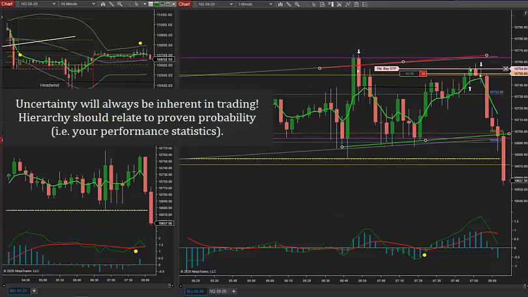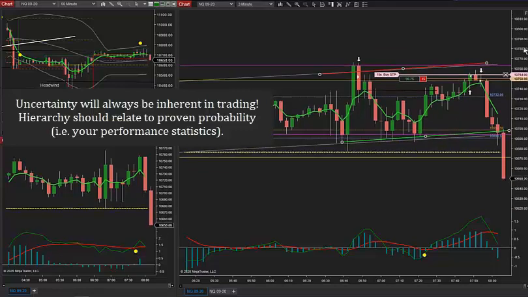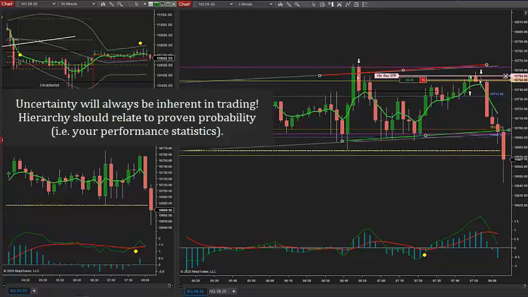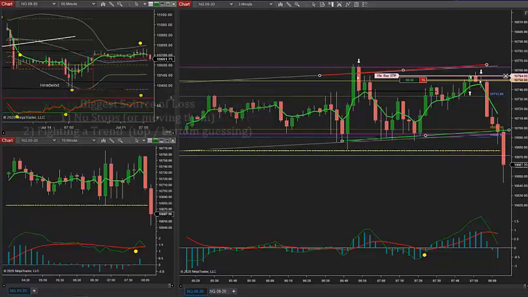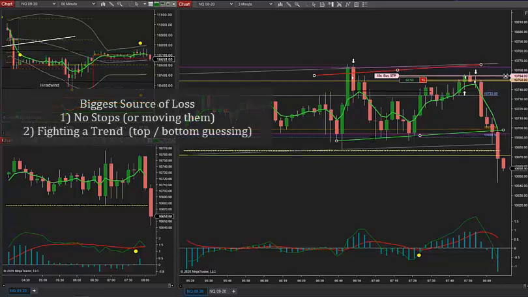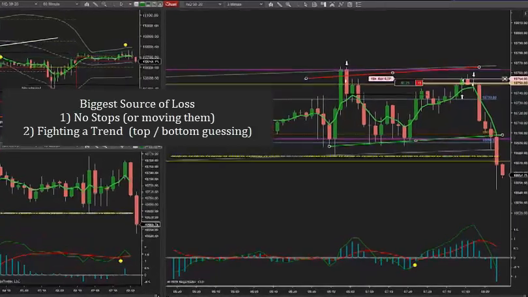I would also suggest that you can figure out what your hierarchy is by looking at your trading journal and your statistics and making really good notes. Also, you want to consider, when will you challenge a trend? More people lose money fighting a trend and not placing a stop than probably any other thing when it comes to trading. So those are two mistakes you don't want to make.